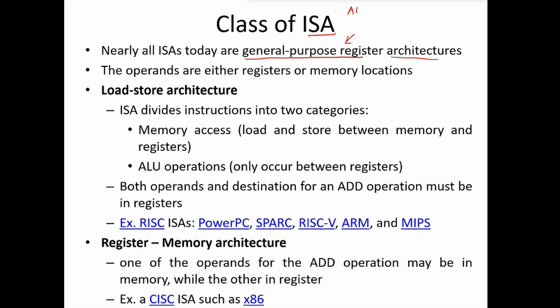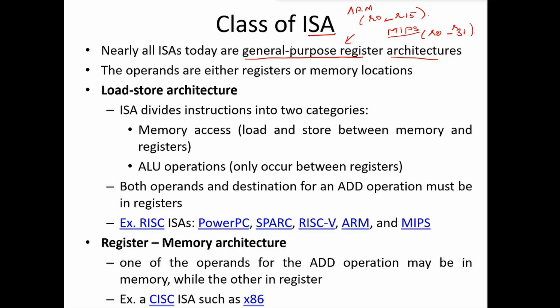When you go with ARM, you might have come across R0 to R15. In our case, according to our syllabus, we are going to read about MIPS architecture, wherein it has 32 registers, R0 to R31, general purpose registers.